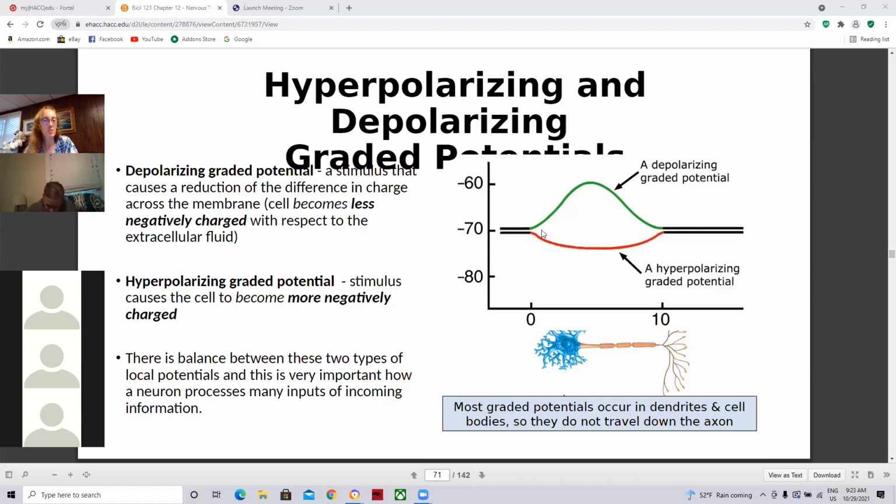Depolarizing means that rather than having the membrane potential be negative 70, it's now negative 65. There's a balance between these two types of potentials. This is very important in allowing a neuron to process many inputs of incoming information.